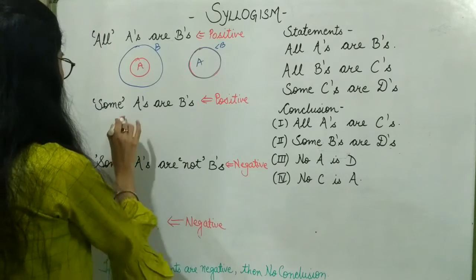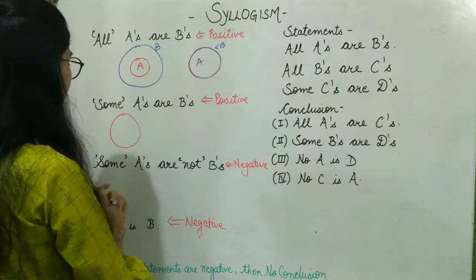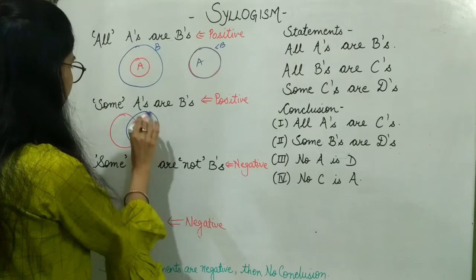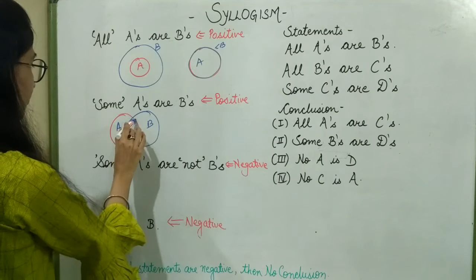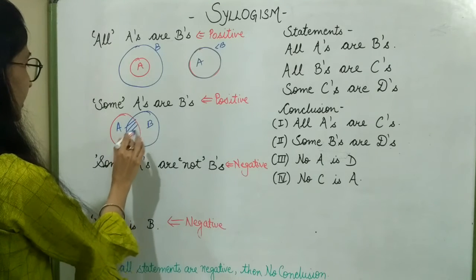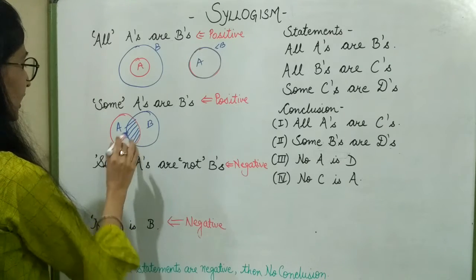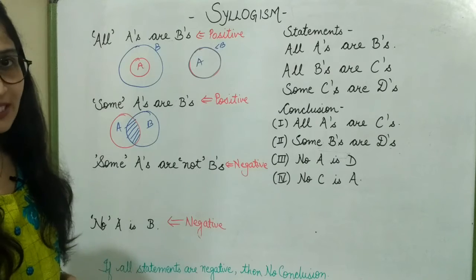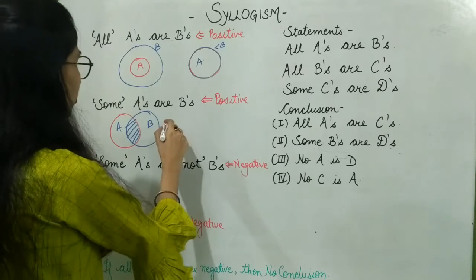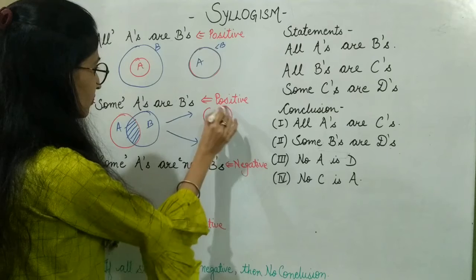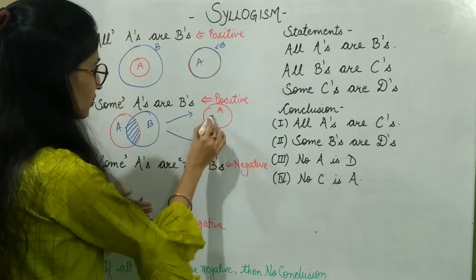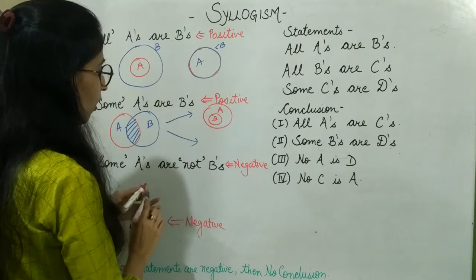The second quantifier is some. Some A's are B's. So this part of the Venn diagram is satisfying my statement that some of the A is part of B. This can also be drawn like this, or like this.